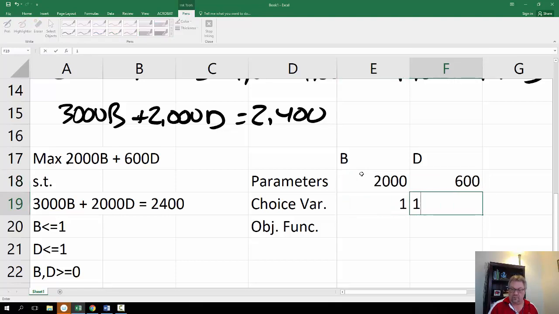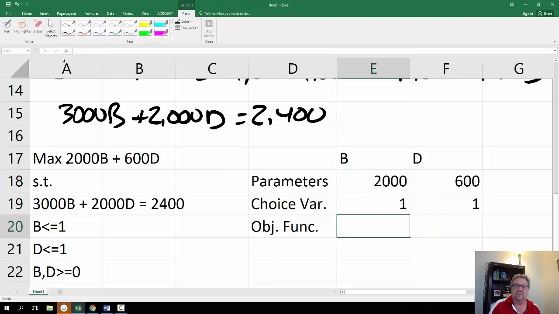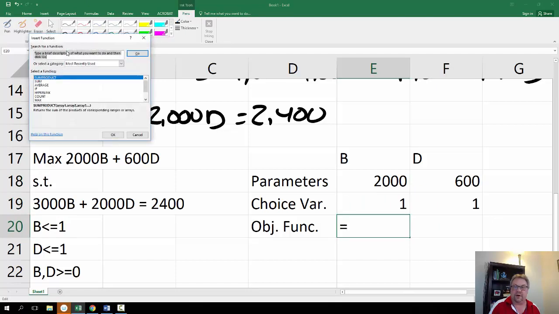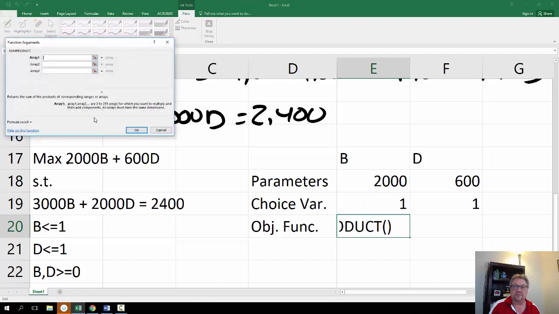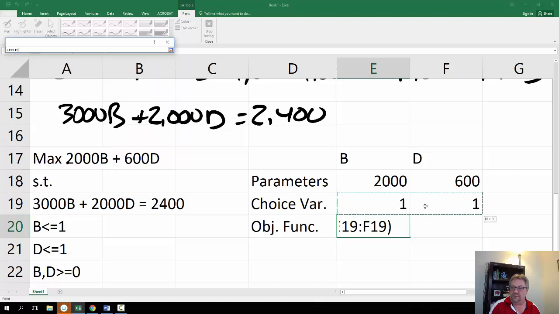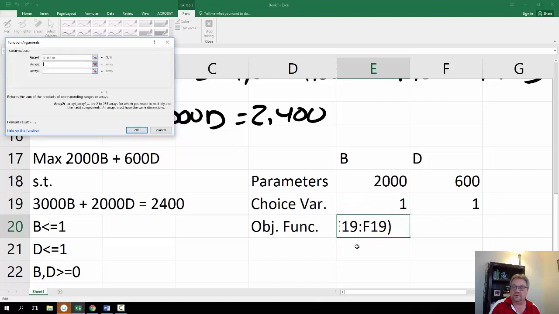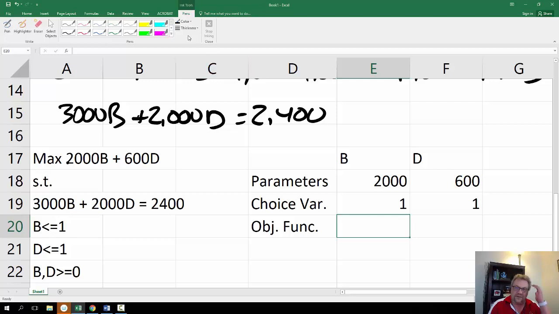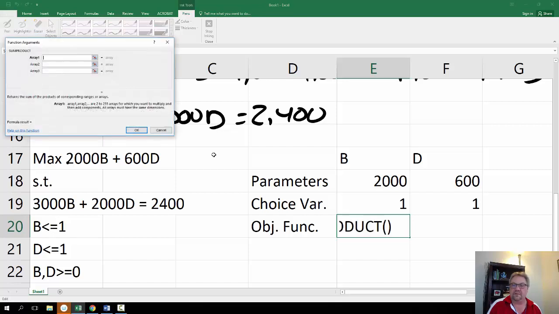Placeholders, 1, 1. Objective function is always a sum product of choice variables. And, darn it, I screwed that up. I like to go in order. Sorry about that. So, sum product of parameters and then choice variables.